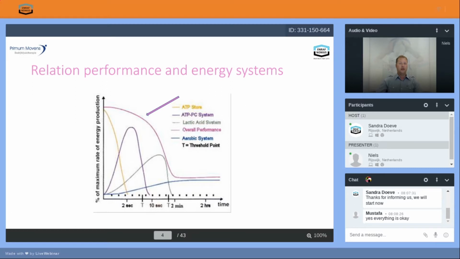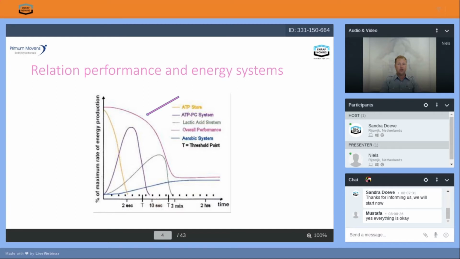You should realize that everybody is able to perform shortly at high energy levels at the beginning, and the longer activity lasts, the less active you can be. You can use less energy when you perform over a longer amount of time. So that's what the pink line says.